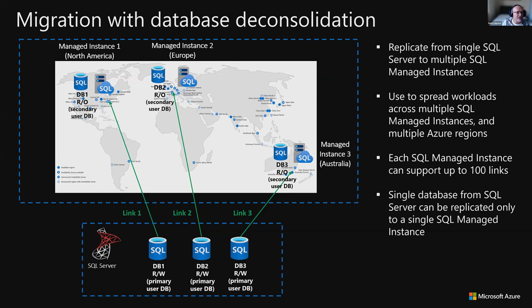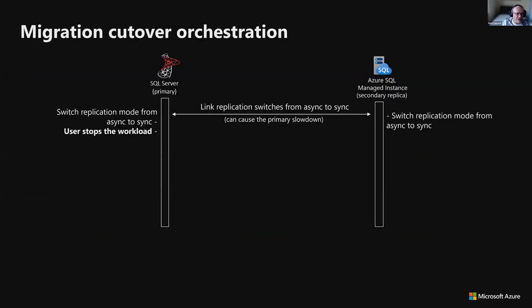How does the migration cutover work? The initial replication is asynchronous, and it is asynchronous on purpose for performance reasons, because SQL Server managed instance could be very distant in terms of geographical distance, and therefore network latency would be huge.